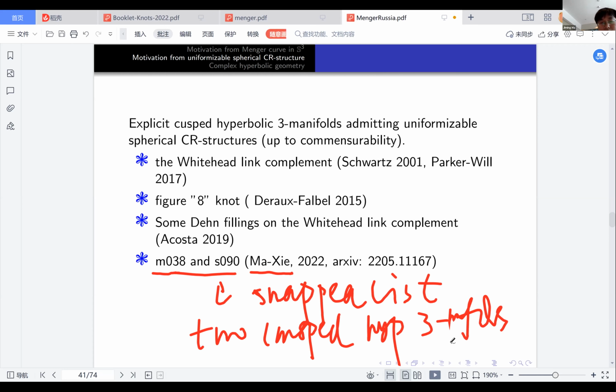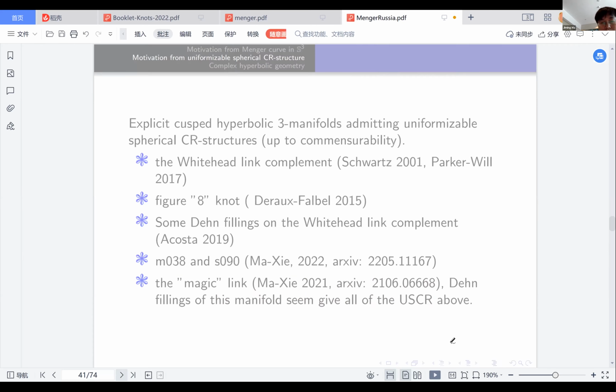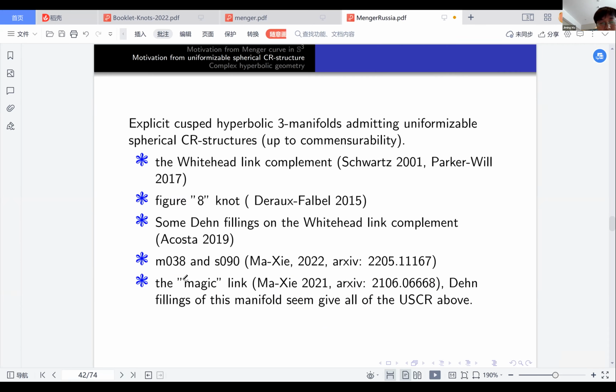And we showed these two manifolds also admit uniformizable spherical CR structures. And moreover, we also showed that the so-called magic link also admits spherical CR structures.